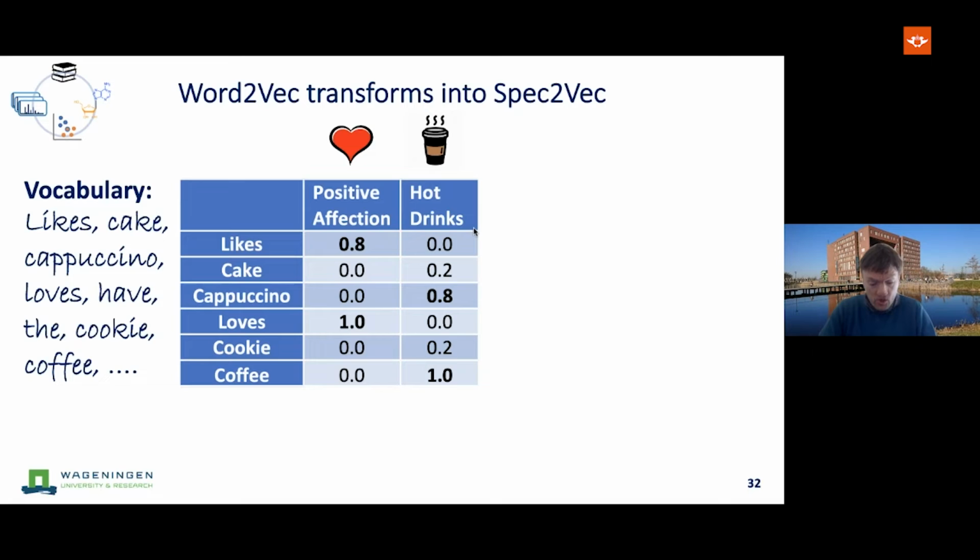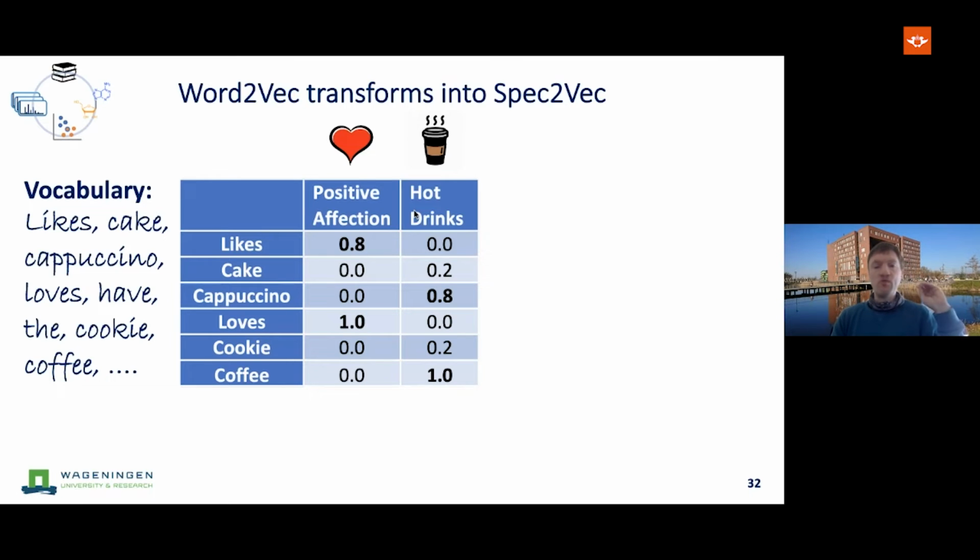And for that, together with Florian Huber and Simon Rogers and others, we transformed existing word2vec into spec2vec. So word2vec takes in words. You can see examples here. So likes and cake from the last slide, and you can see two embeddings here, 2 dimensions. So one I called positive affection, and one I called hot drinks. And then I gave numbers to the words.